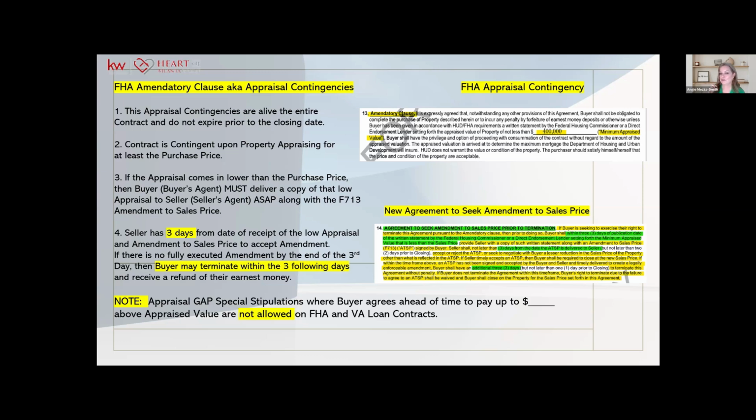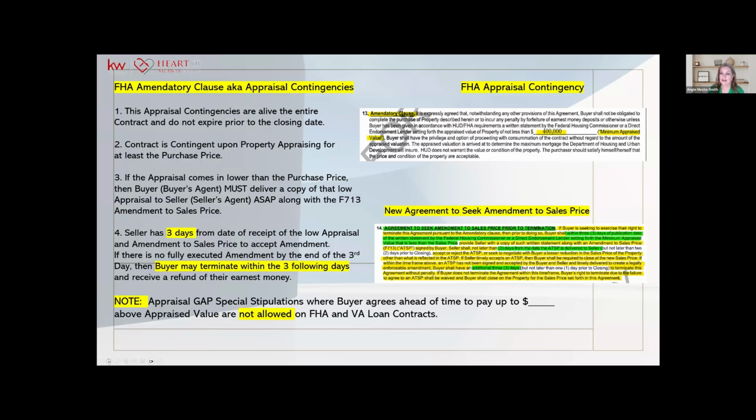So I can see how this would be helpful for explaining that to sellers and overcoming some of the objections that we often have with sellers wanting to not accept FHA and VA language or VA contingencies. A lot of times the reason that they are nervous about that is because of the tone that their agent has set.